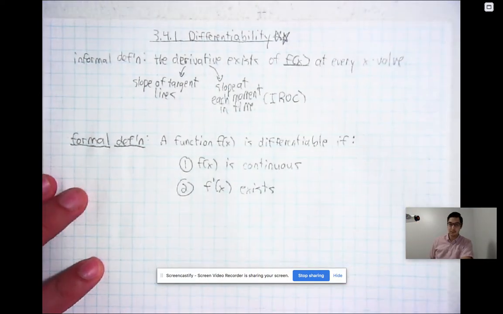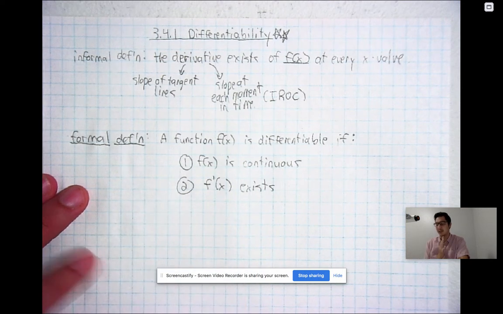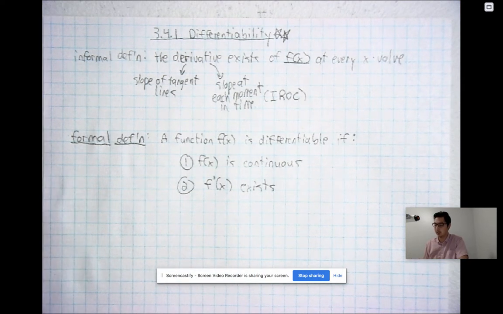And that's what it means to be differentiable, these 2 things. Remember, definitions are very important in math, and that's how we prove things.